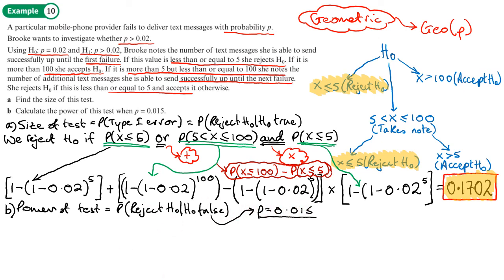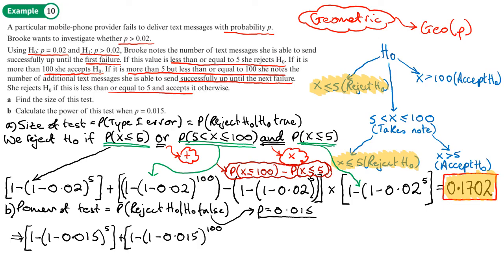So I'll write out the calculation, but on your calculator what you might do is just scroll back and change these to 0.015. So it's going to be 1 minus 0.015 to the power 5, plus 1 minus 0.015 to the power 100. So it's exactly the same working as before.